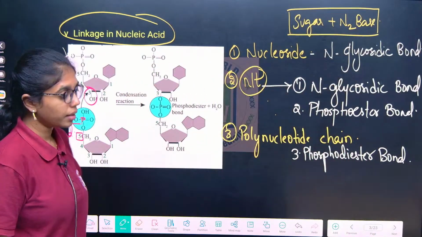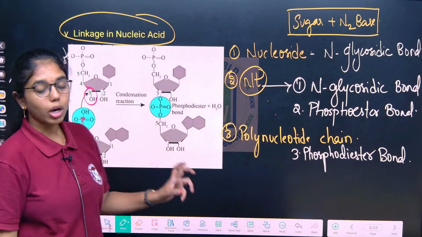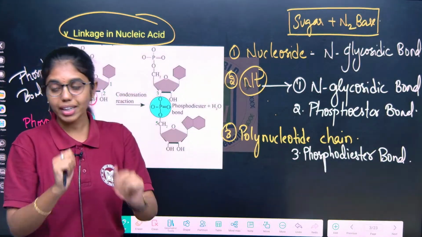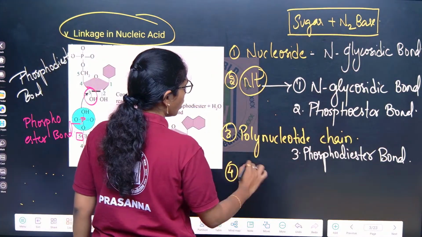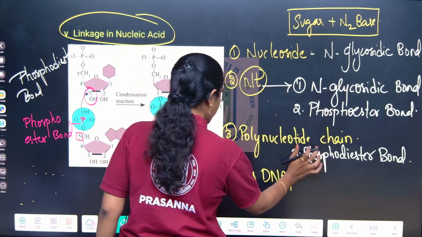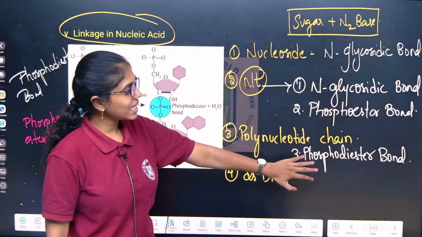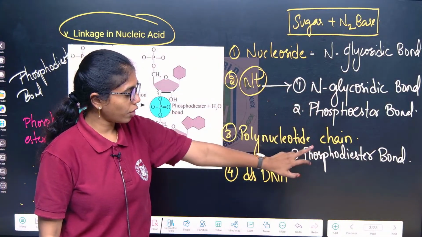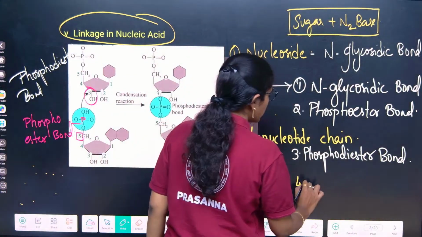Clear, right? Now, lastly, what are the bonds involved in the formation of a double stranded DNA? Fourth is the bonds involved in the formation of double stranded DNA, that is the double helical structure. 4 bonds: along with these 3, N-glycosidic, phosphoester, phosphodiester bond, a hydrogen bond is also involved.